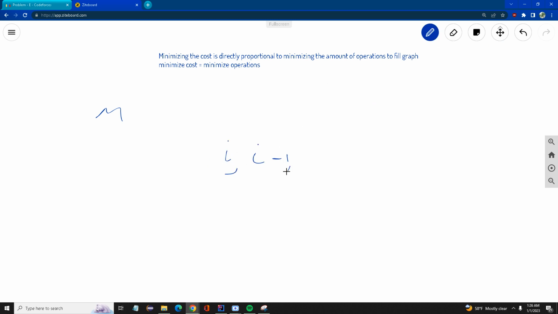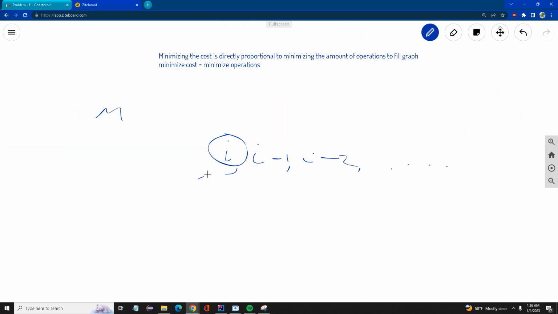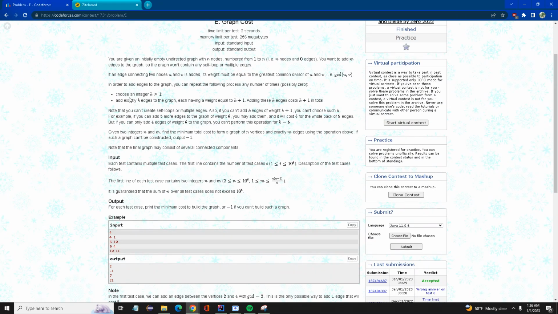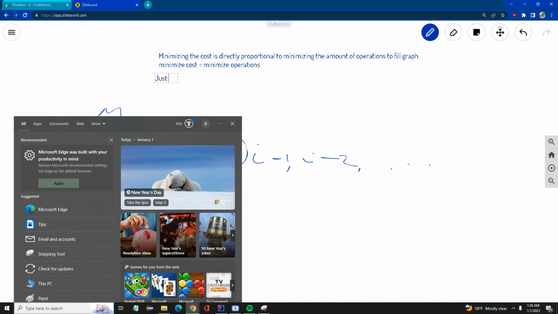I'll start with some value I, and then these are I minus 1, I minus 2. Since I is the highest, I'll do the operation when k is equal to I, because that operation is going to give me the most edges. So you always pick a k such that k is the highest, because then you'll get to m as fast as you can.